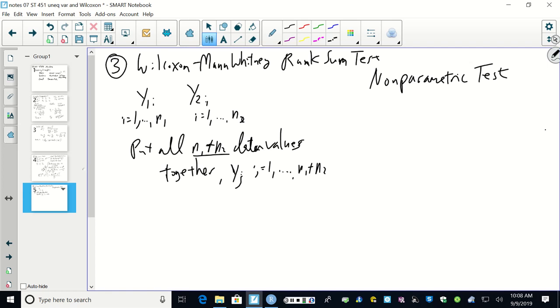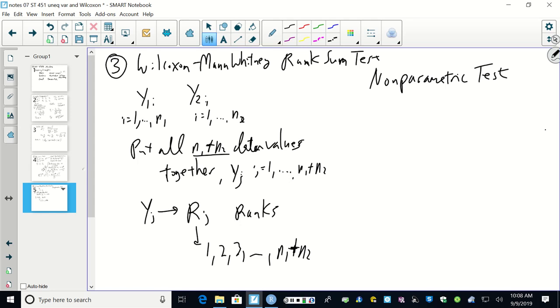We put them in ascending order and give them ranks 1, 2, 3, up to N1 plus N2.